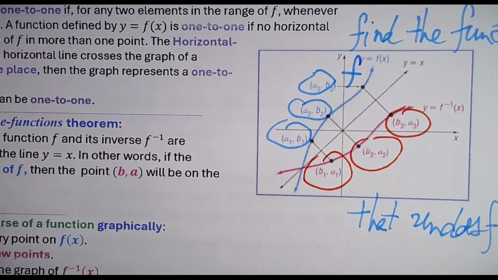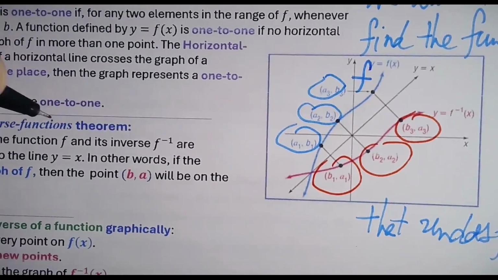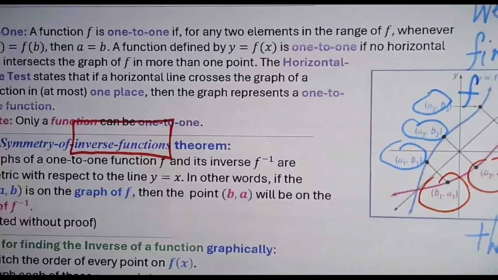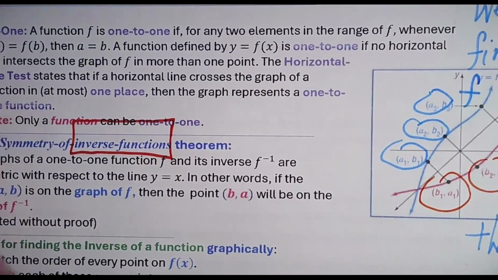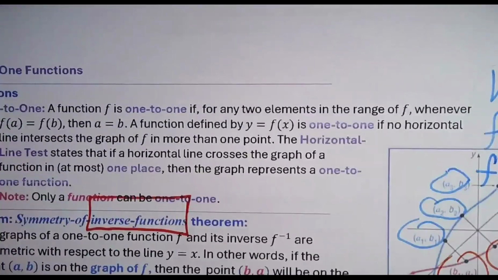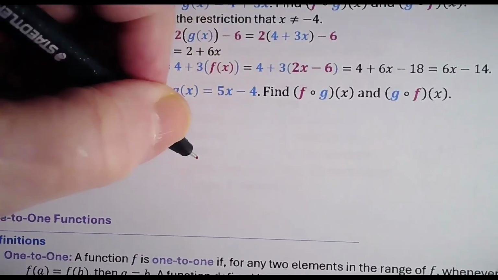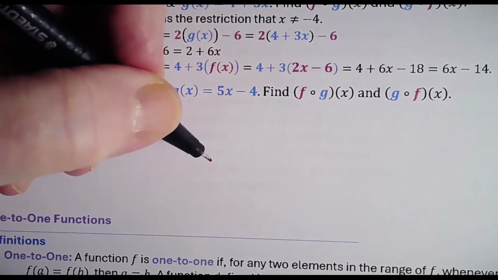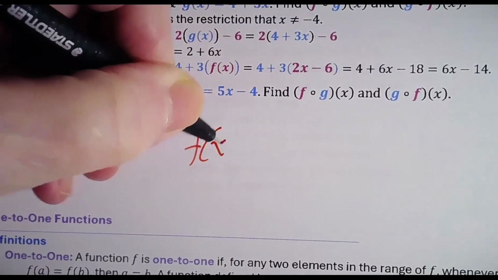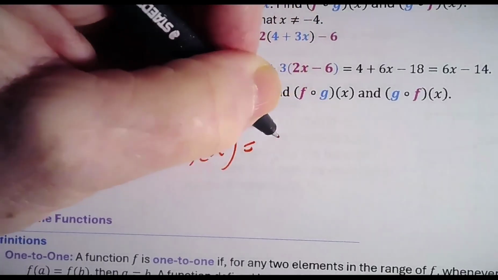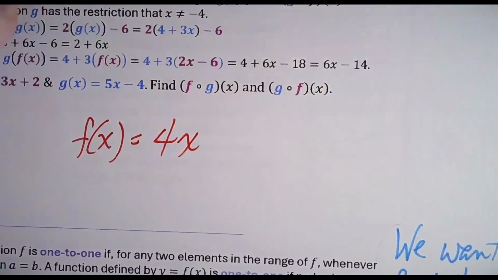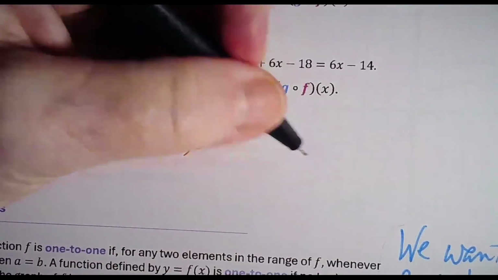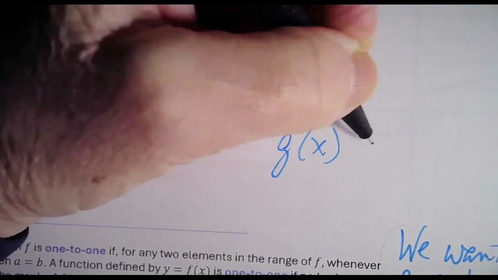And that is the entire idea behind inverse functions. Inverse functions undo each other. For instance, a function that y'all know is if we have f of x equals 4x and g of x equals x over 4.